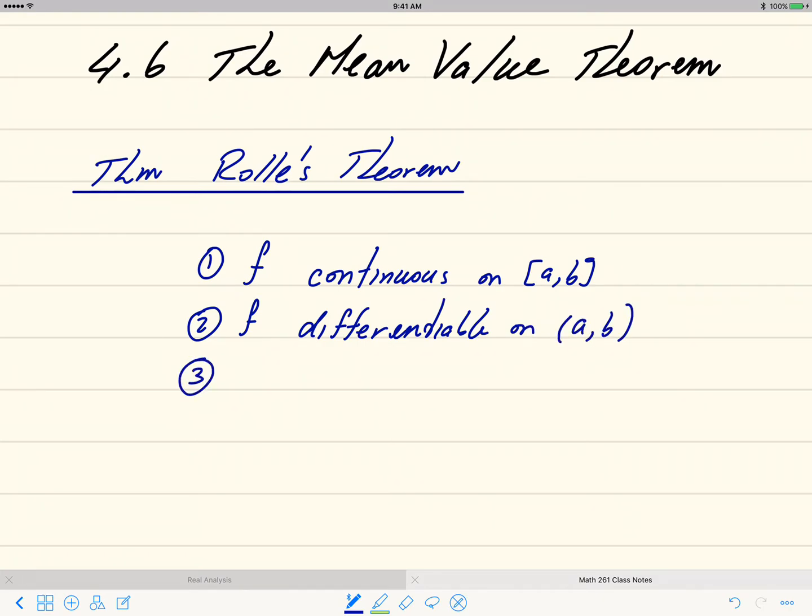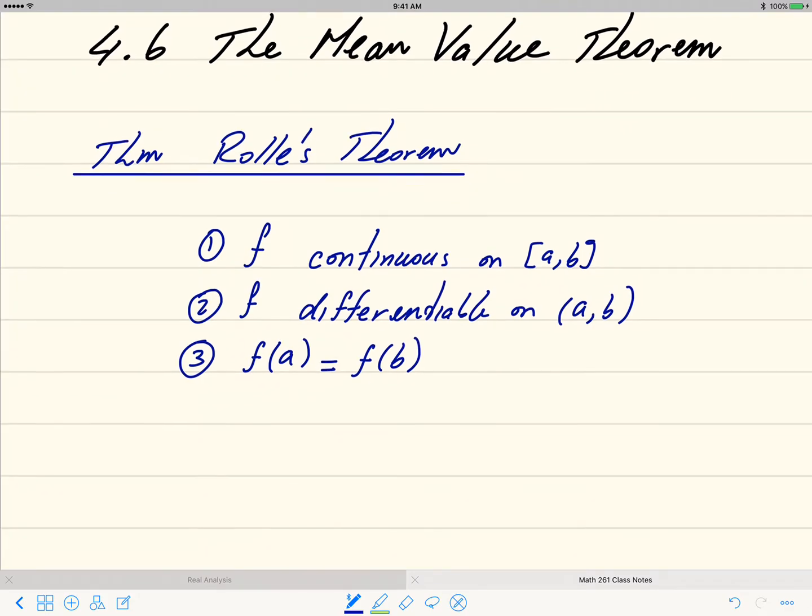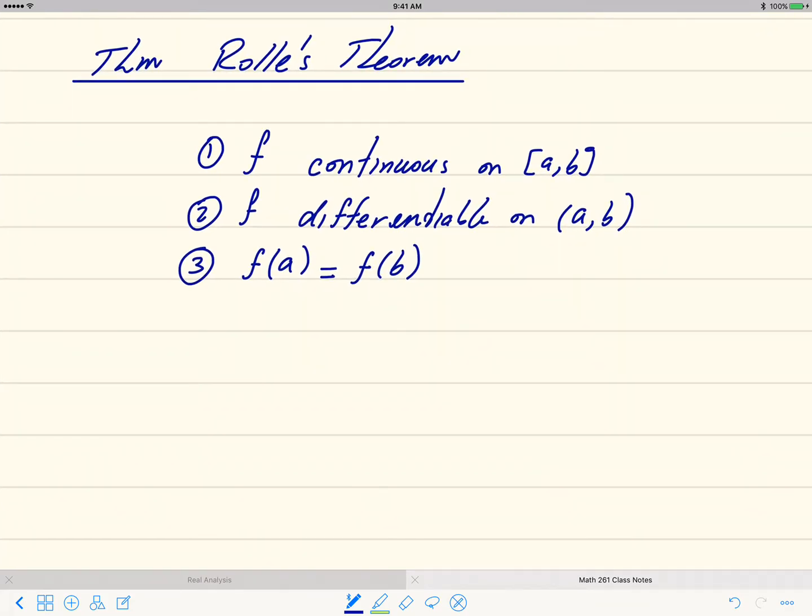And three, the y value at the left endpoint, f(a), has to be equal to the y value at the right endpoint, f(b). If these three conditions are satisfied for some function f, let's see what happens.